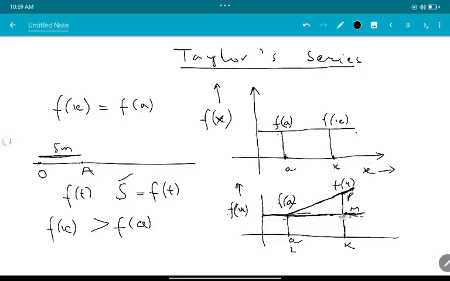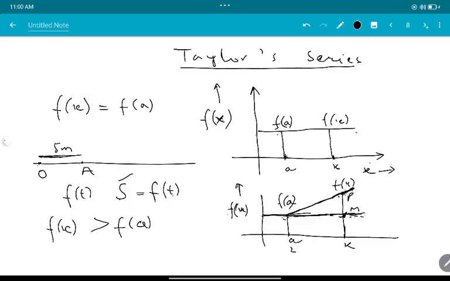This much is the additional distance covered because of the velocity, because of the uniform motion. How much can we calculate this is? Easily. If we are given the rate of change of f(x), if we know how fast f(x) changes, we can easily calculate it.